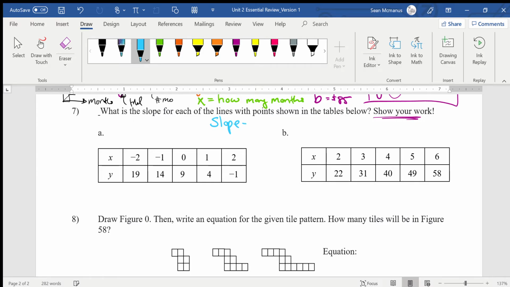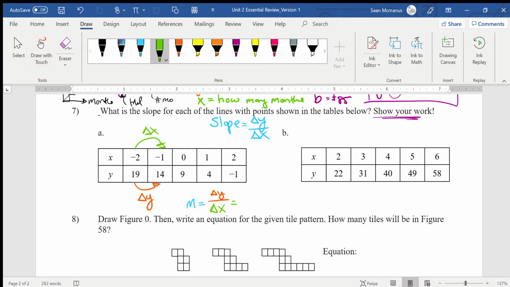Our slope is equal to the change in y divided by the change in x. So for each of these problems, we need to first find the change in y. How is the y changing? And then we need to find the change in the x. How is the x changing? And then our slope is the change in the y divided by the change in the x.